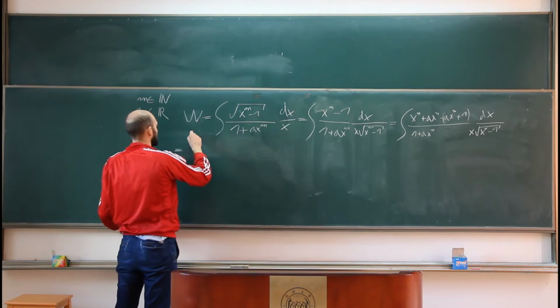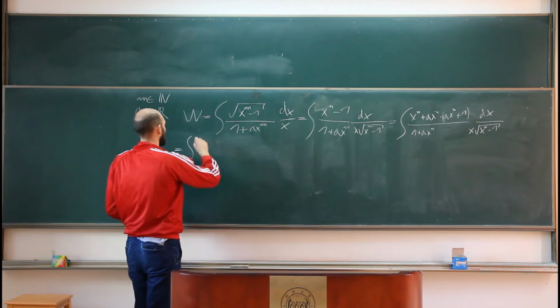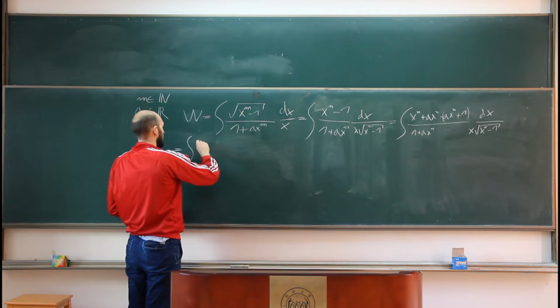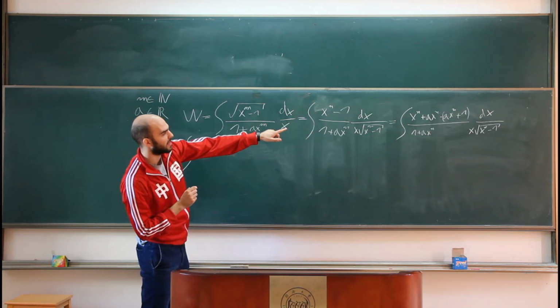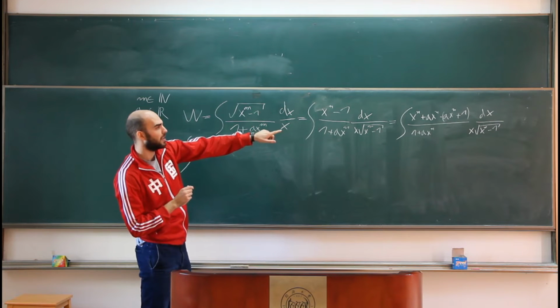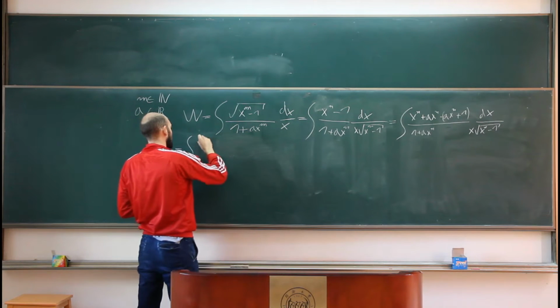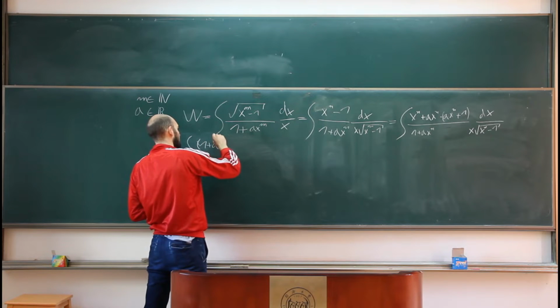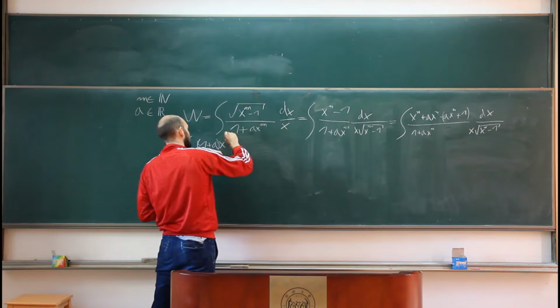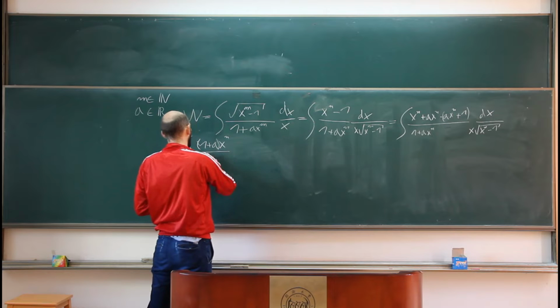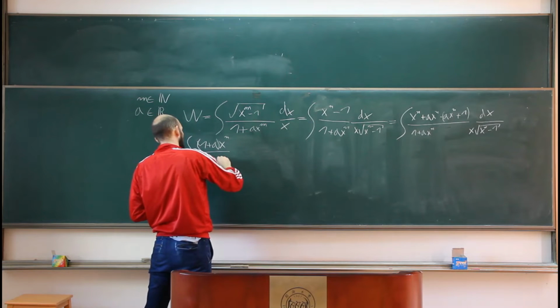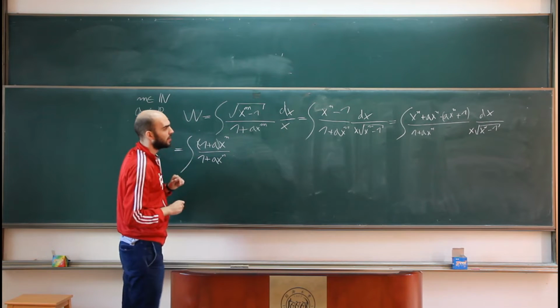And what we are getting is the integral of x. You see we have x to the power of n and plus a times x to the power of n, so we just get 1 plus a times x to the power of n divided by 1 plus a x to the power of n.